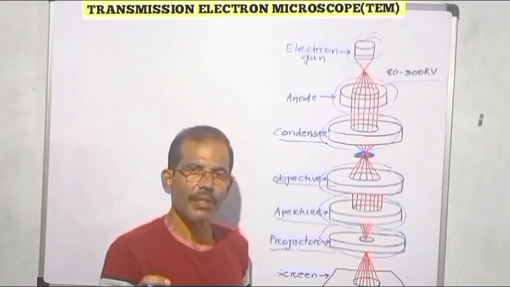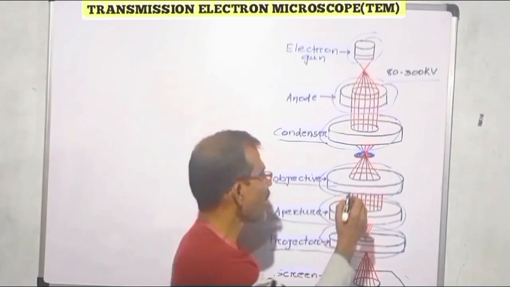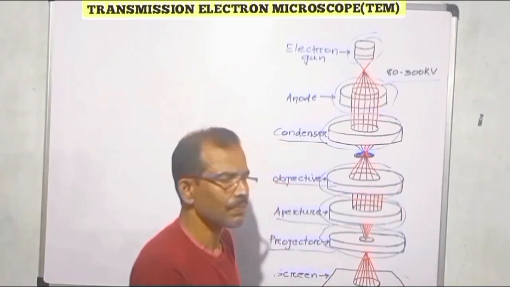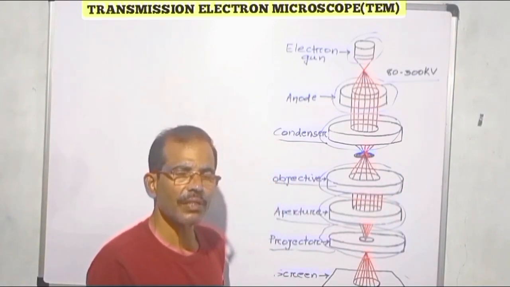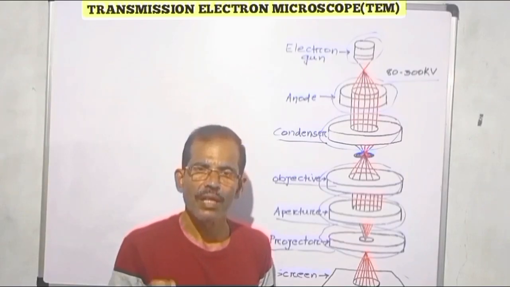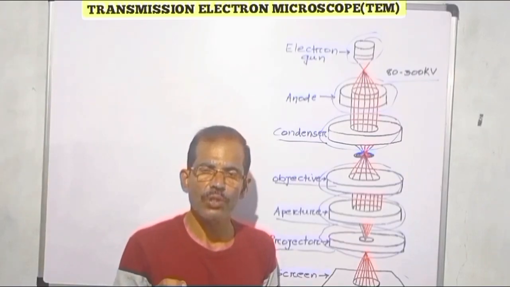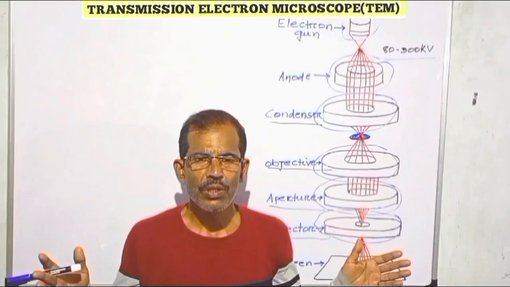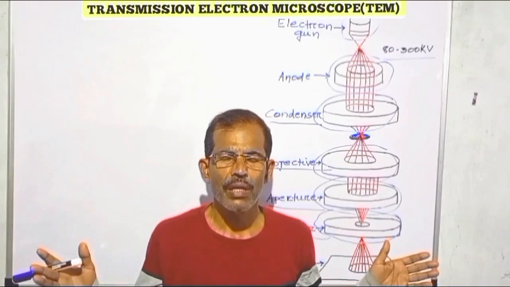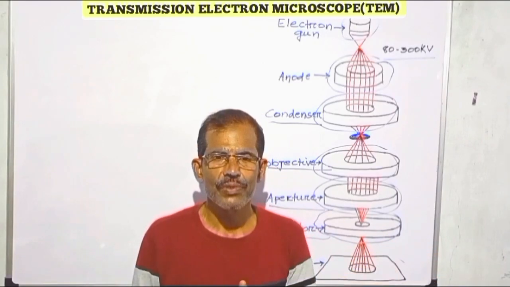As the transmitted electrons which pass through the specimen are collected by the objective, the transmission electron microscope is used to study the detailed internal structure of different types of samples. It can magnify the specimen up to 50 million times.